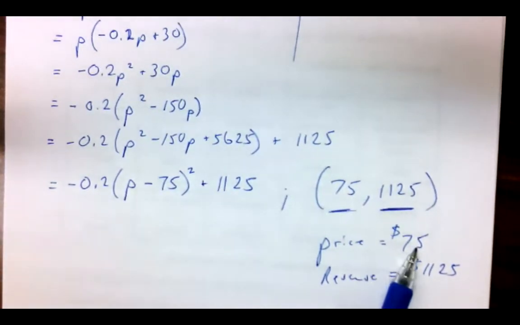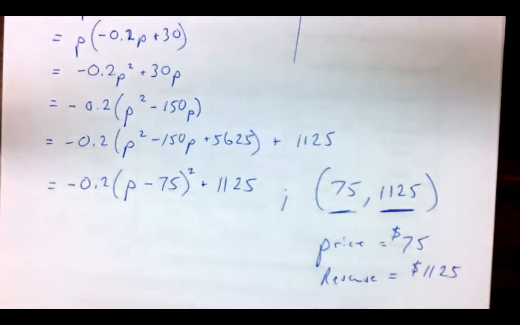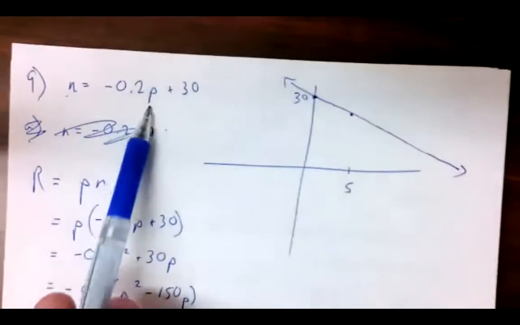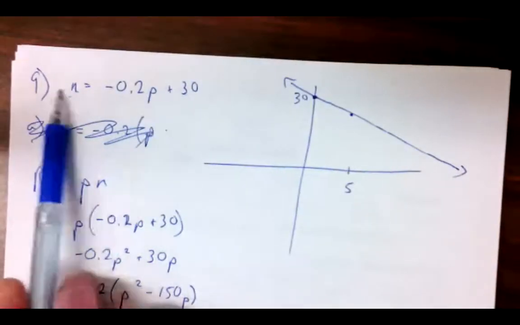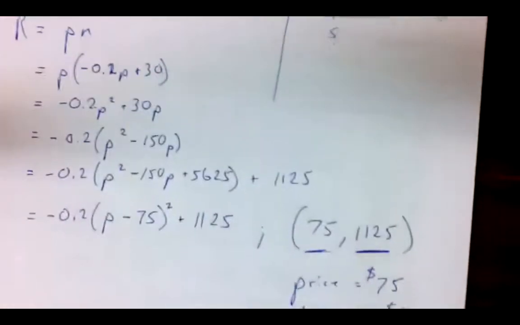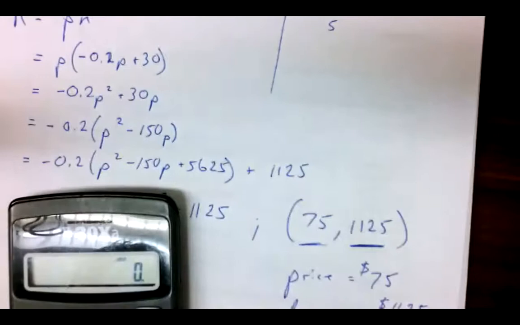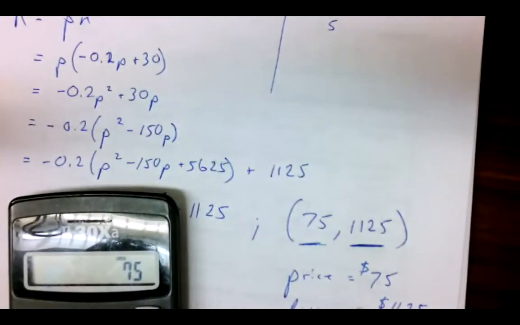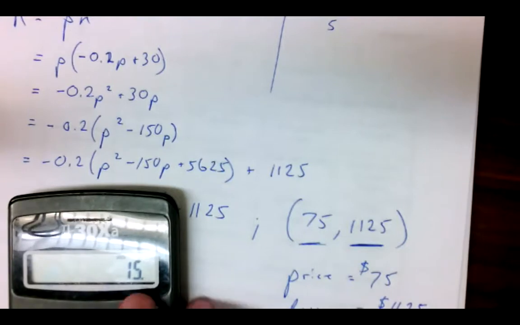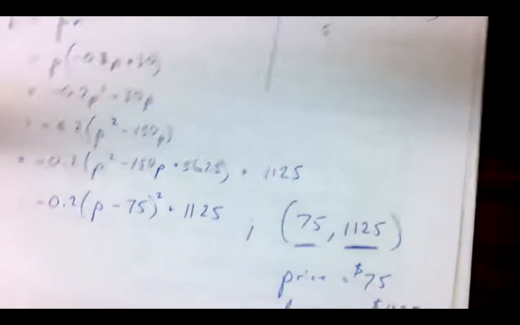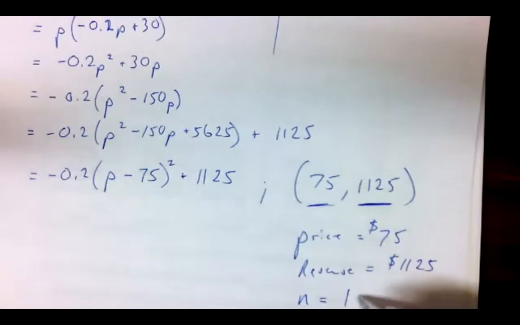Well, that's 75. And how many units must be sold to achieve this maximum? Well, we can go right back into here, put 75 here and solve for N. So negative 0.2 times 75 is negative 15, plus 30, is 15. So N, the number of units to sell, is 15.